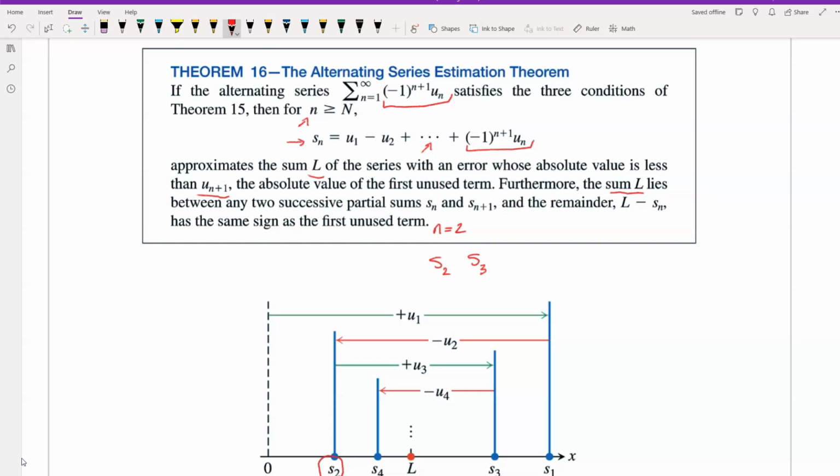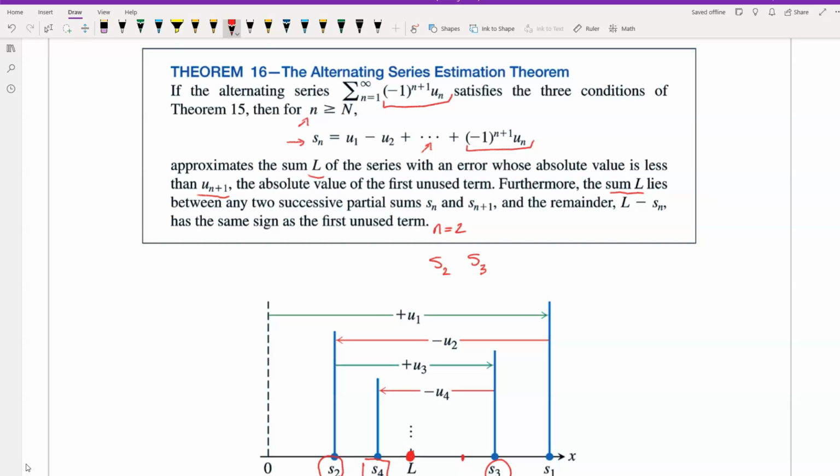And L lies between S sub 2 and S sub 3. And that is the same for S sub 4 and S sub 5. So L is here between these.